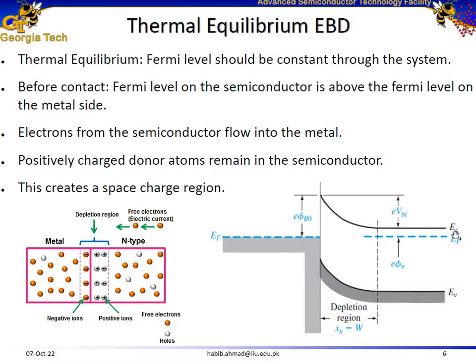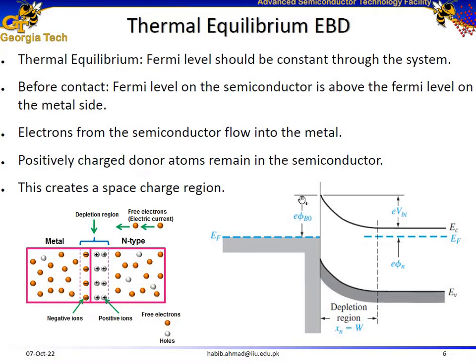Also, as we discussed for the PN junction diode, there is going to be a built-in potential for the metal semiconductor junction as well. This built-in potential is the barrier for electrons to flow from the semiconductor to the metal side. So VBI is the built-in potential for electrons to flow from the semiconductor to the metal side.